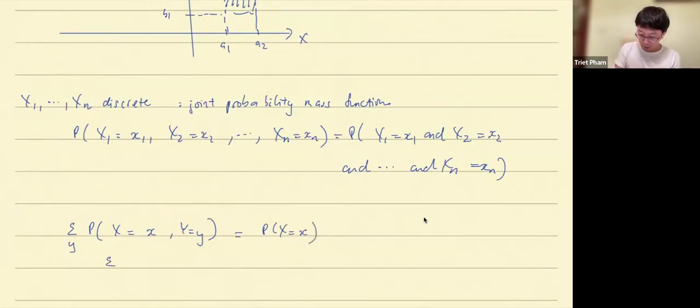Similarly, if you sum over all possible values of x, this is the law of total probability, and it gives the probability of Y equals y. So this is of course called the marginal distribution.